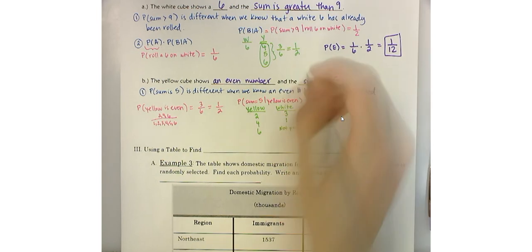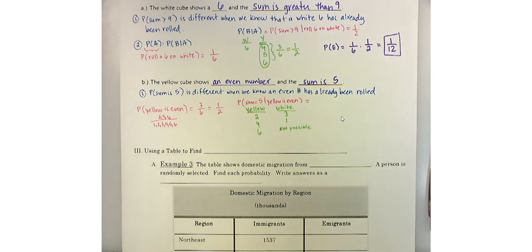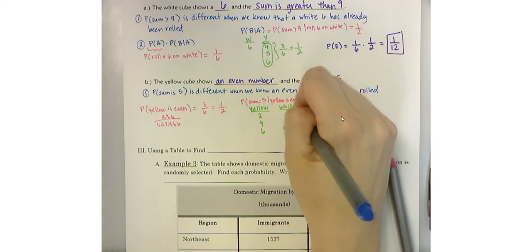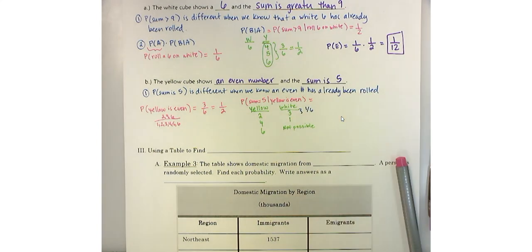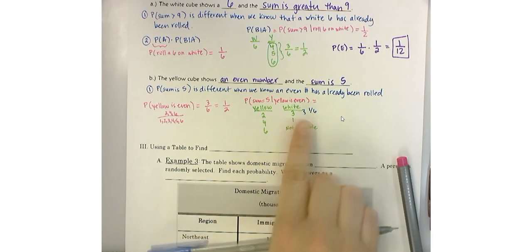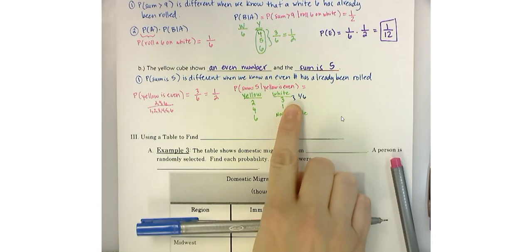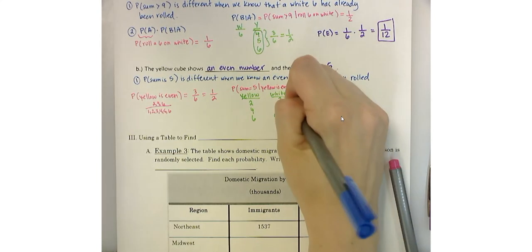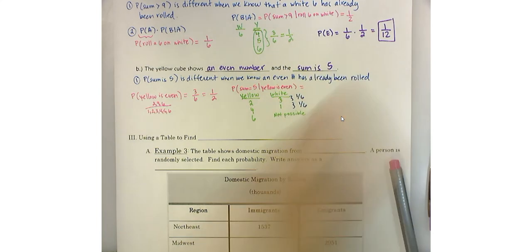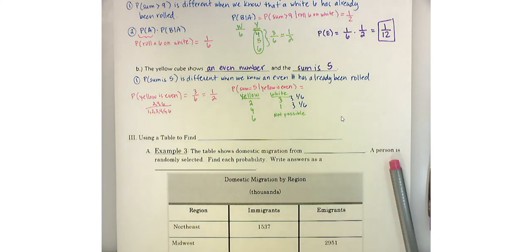So to find this probability, you're going to have to find all of your total. So let's think about how many possibilities there are here, okay? For this, you have on the white cube 6 tries. This is going to be 0 out of 6.